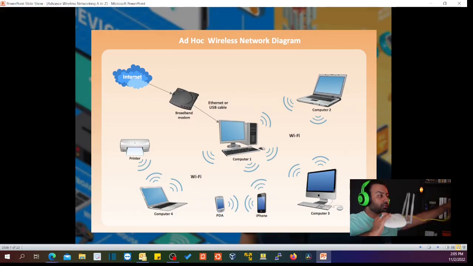This Ethernet cable is providing internet to my access point. This is called ad hoc wireless network topology. In our topology, we have a broadband modem, that is a modem, connected by Ethernet or USB cable and so on, to my computer, and that computer is kind of a hotspot providing internet to the entire network of devices looking for Wi-Fi. This is the diagram. Remember that.